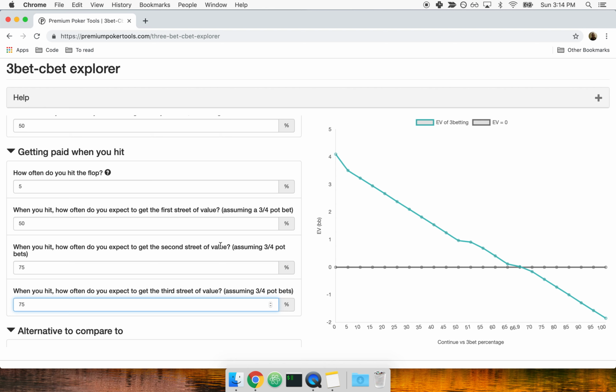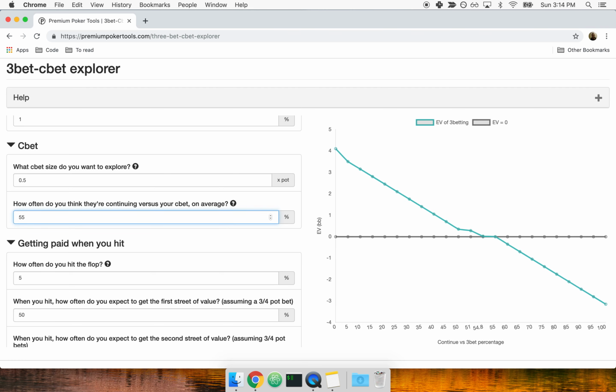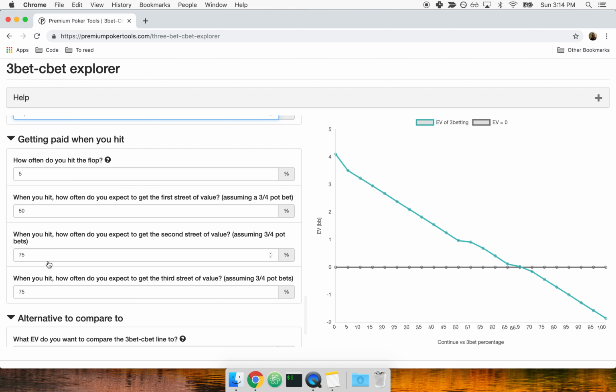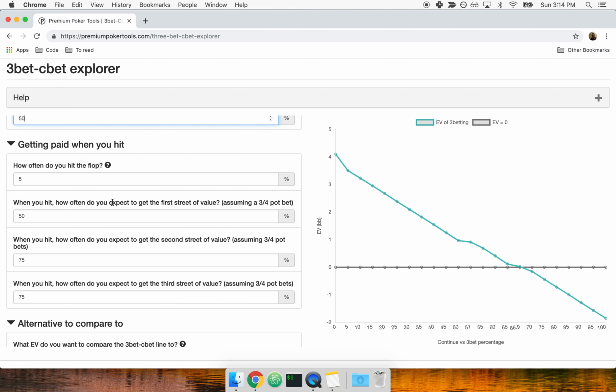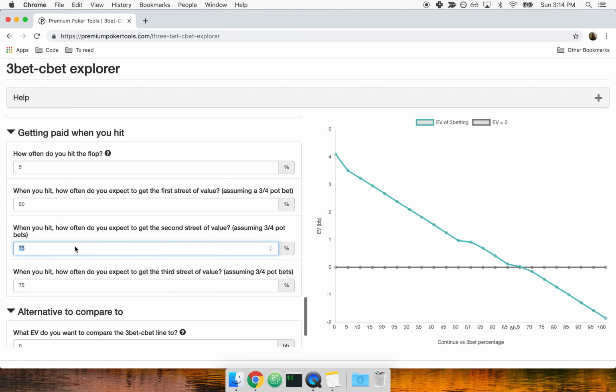But the thing here is that if we bump these numbers up, then we're against someone who's more stationy, and we probably have to bump this number up as well, and that's going to really hurt us. So that's how I think about this factor. It doesn't seem too important to me, because if we bump it up, we're probably going to have to bump this one up as well.